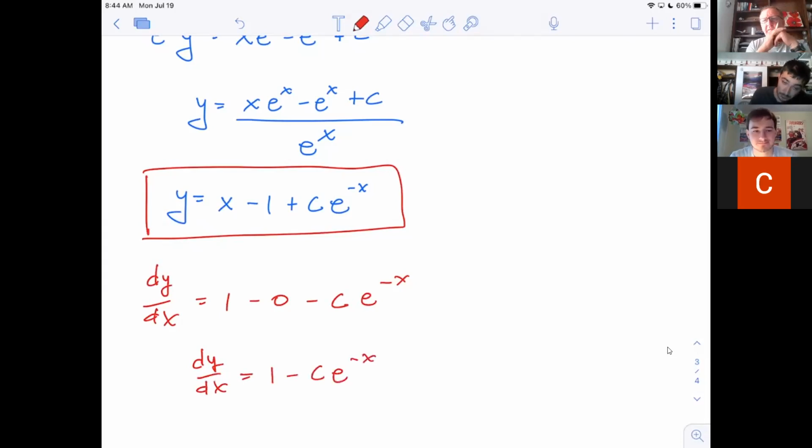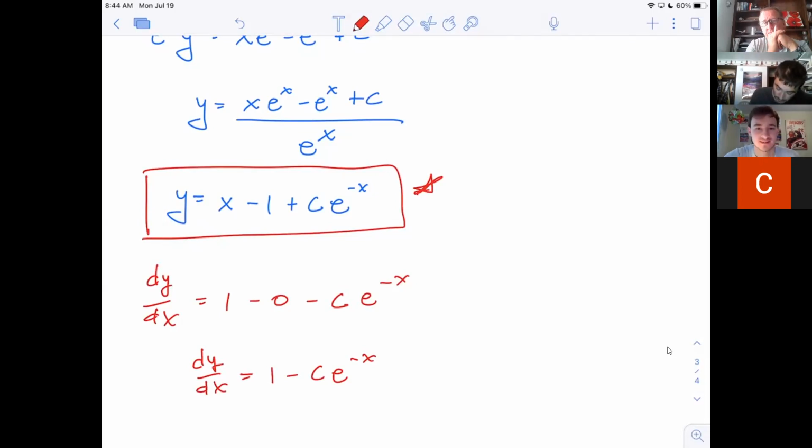And so is Ben correct? We did not get the right answer. I'm sure there's some manipulation you could do with that. Think about what this says right up here. What's another way to write c e to the negative x?